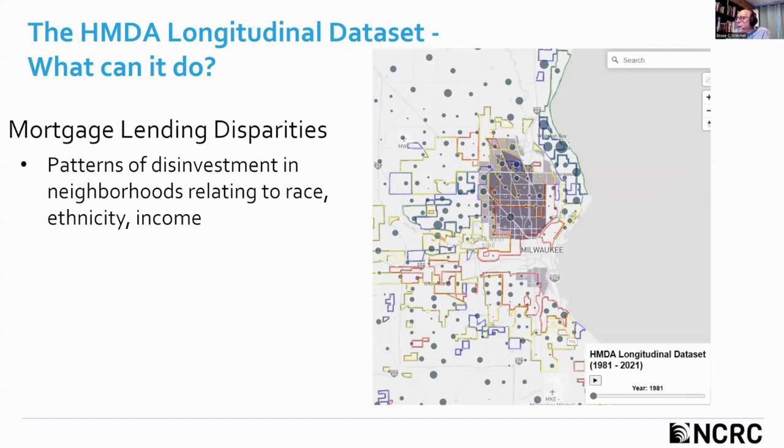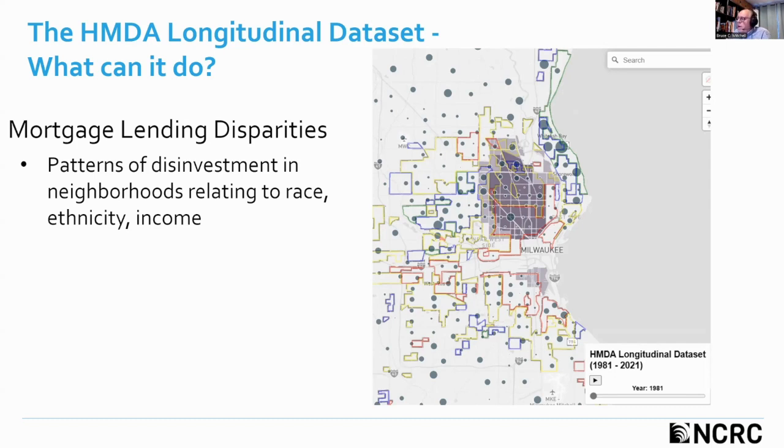Here, there's an overlay of the HOLC, Home Owners' Loan Corporation, city survey maps for Milwaukee, showing their four-tiered system, the red areas being areas that were graded with the lowest grade of being hazardous, all the way up to the green areas that were graded best by examiners 80 to 90 years ago. The red hazardous areas are commonly referred to as redlined areas. These are areas in which lending was greatly discouraged or unavailable to people living in those neighborhoods.